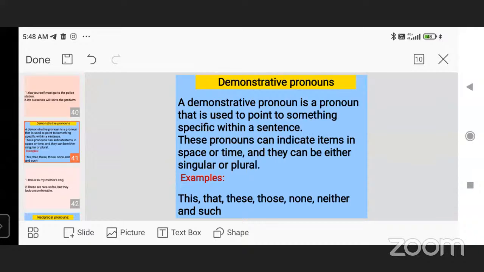You have to click it and tell the answer. So at that time you'll have more experience and knowledge about the demonstrative pronoun.